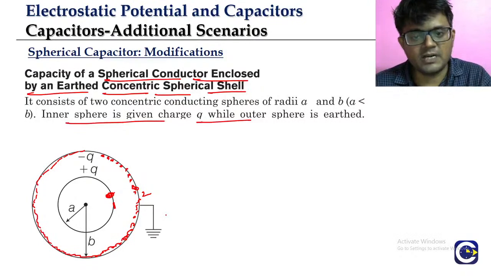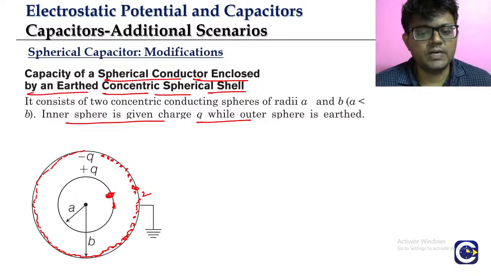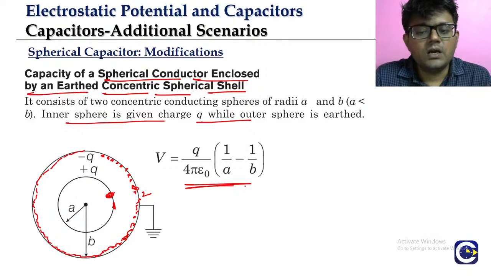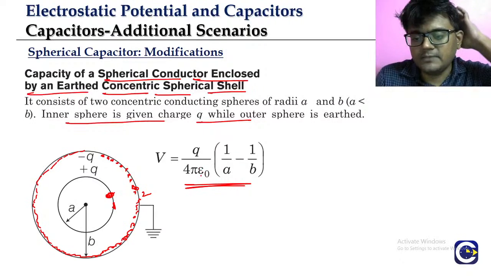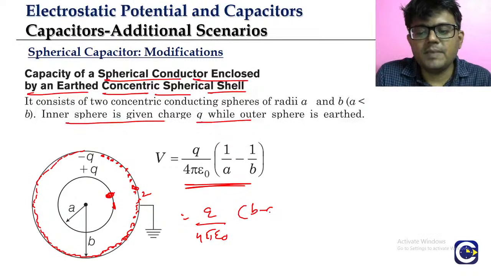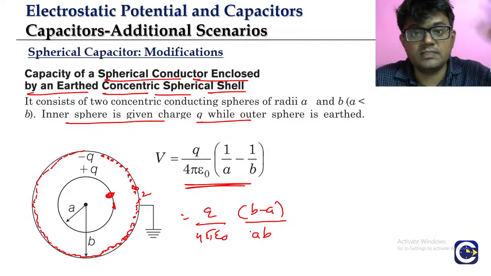Same, நம்ம இதுக்கு முன்னாடி பண்ண மாதிரி தான். We will have to find out what is the potential on that surface 1, அந்த மாதிரி we have to find what is the potential on the surface 2. பண்ணா we are going to get same result வர போறது. Okay, so potential will be coming as, பாருங்க, q by 4 pi epsilon naught, b minus a by b into a, சொல்லலாம் or a into b, இதுக்கு முன்ன நமக்கு வந்த மாதிரி தான். What is it we got before?